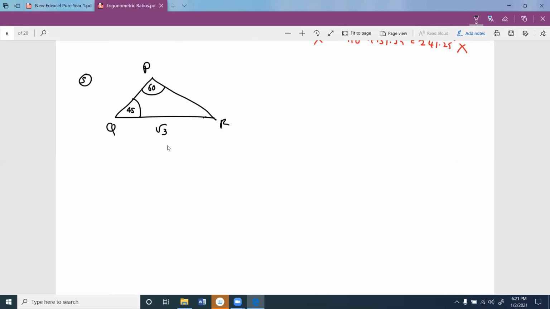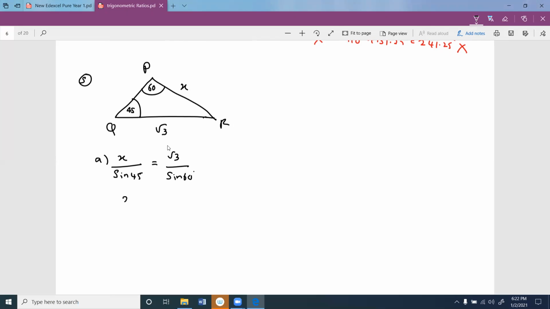Now, how can we do this question? Initially I can find PR, this length, because it's two angles with one side. So in part A, you can say x divided by the opposite angle, sine 45, is equal to root 3 divided by sine 60.